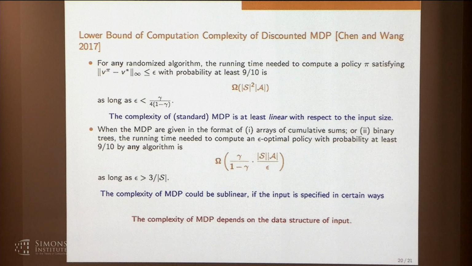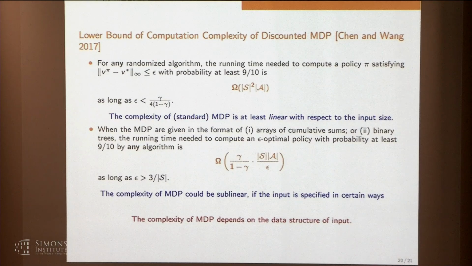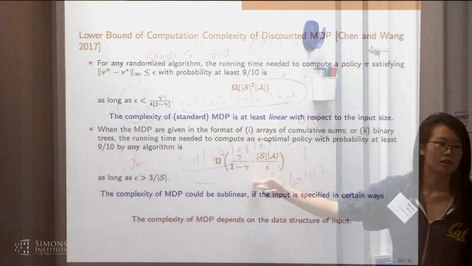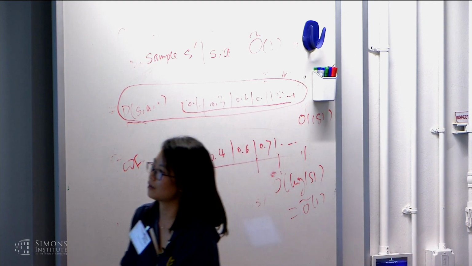If we put together the upper bounds in the case with standard input and the cumulative distribution input, together with the two lower bounds in the two different cases of data structures, both of them show that the complexity of MDP actually depends on data structures. Once we can sample using the latter data structure, the problem becomes simpler. It's a very interesting phase transition.